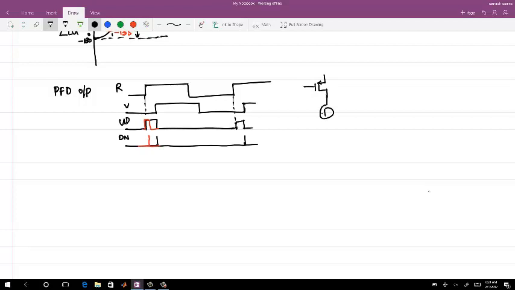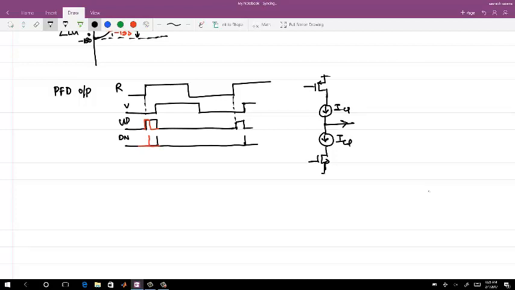for switching the current source, because there are no ideal switches. You are using some transistor to switch the current source. So this is ICP.